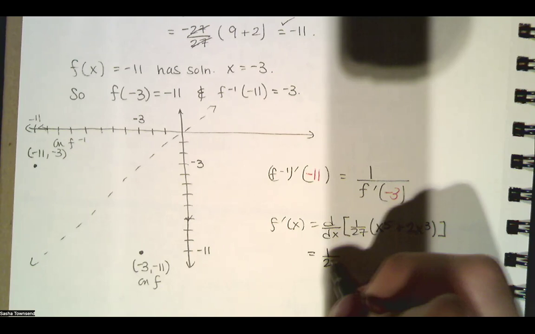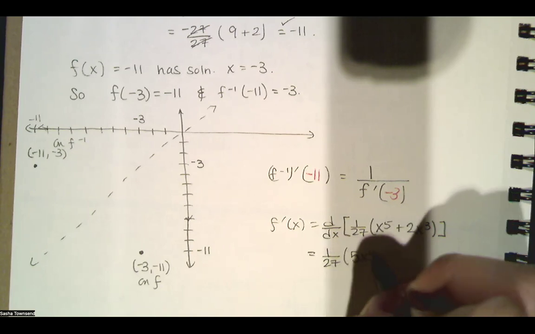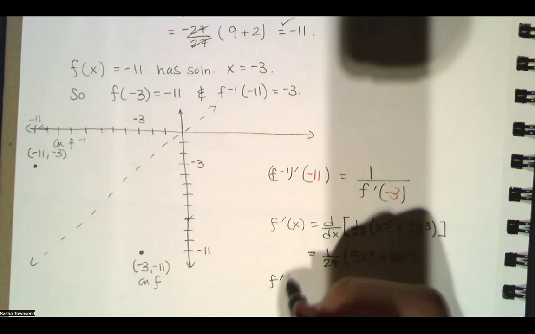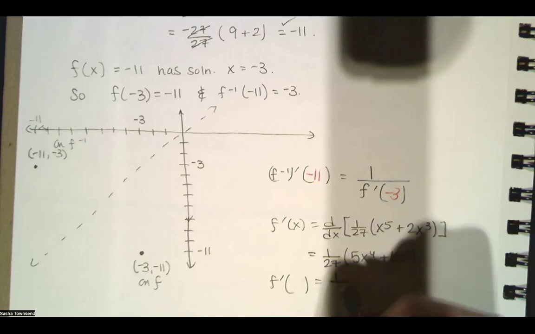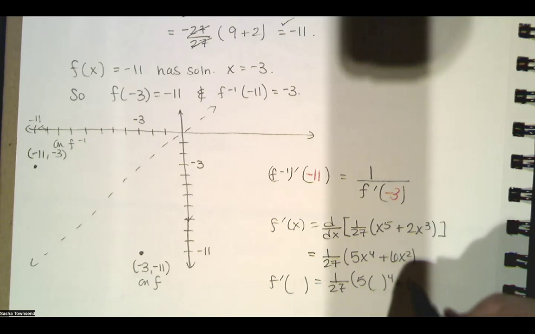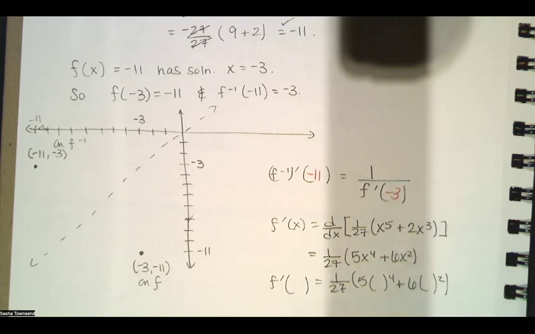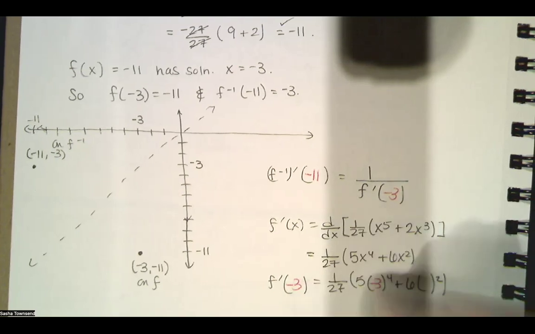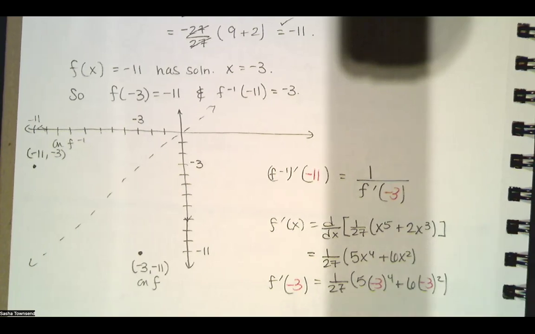And we've already done this. We got 1 divided by 27 times 5x to the 4th plus 6x squared. So when we evaluate at -3, we get 5 times -3 to the 4th plus 6 times -3 squared. And again, I see that 27 out front.